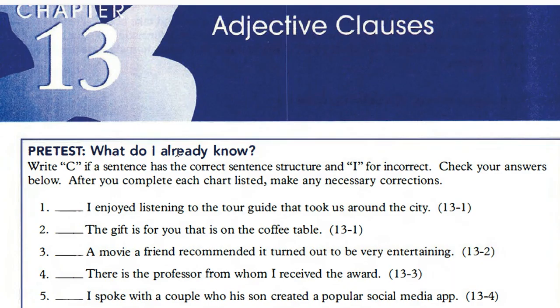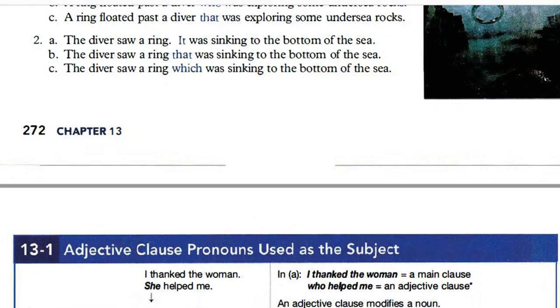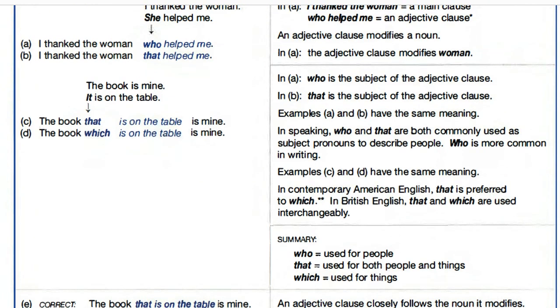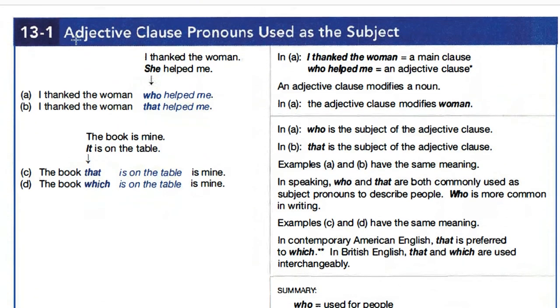So in the book here we have adjective clauses. We have just around 10 minutes left to talk about the first. We have here adjective clause pronouns used as the subject. So again, we try to repeat the information in general. I thank the woman who helped me.